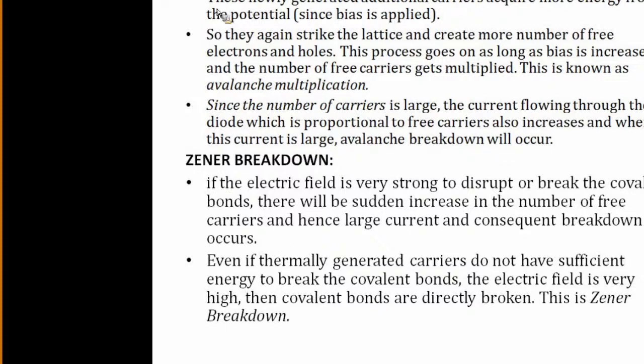Now, these newly generated additional carriers acquire more energy from the potential since the bias is applied. They again strike the lattice and create more free electrons and holes. This process goes on as long as bias is increased, and the number of free carriers gets multiplied. This phenomenon we call avalanche multiplication.